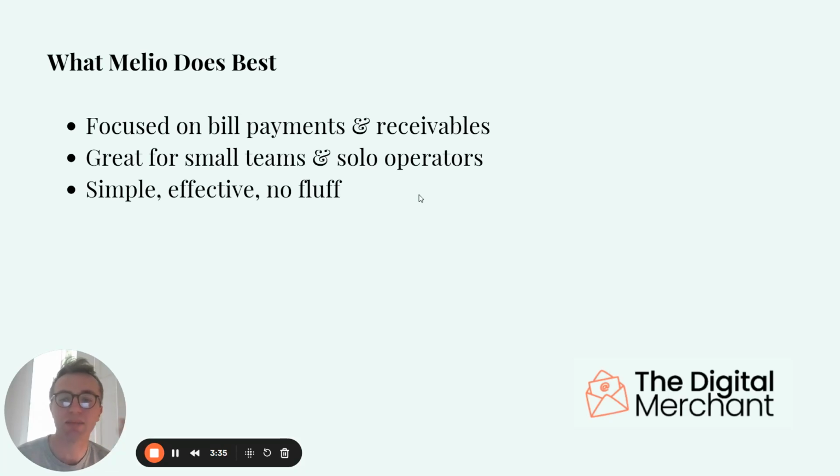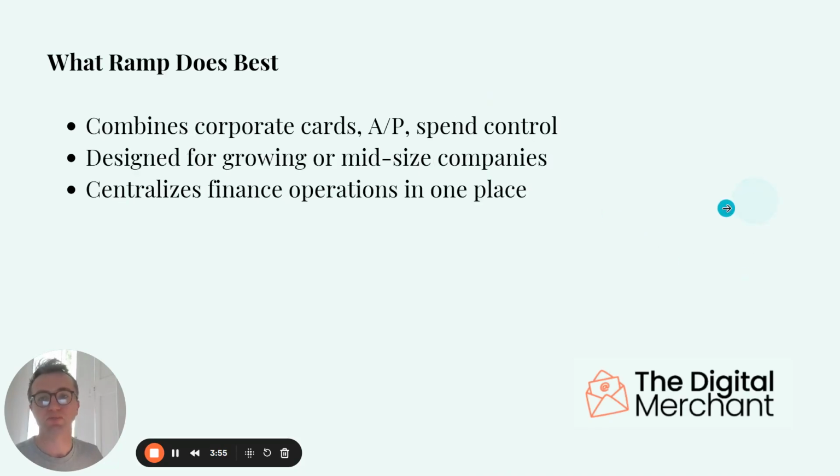But it's very simple and straightforward and easy to implement as well. There's not a huge learning curve with it. It won't add a lot of stress to your team, and it won't significantly weigh down your existing workflows. So if you're a solo operator, small team, early stage startup, you could get a lot of value from Melio.